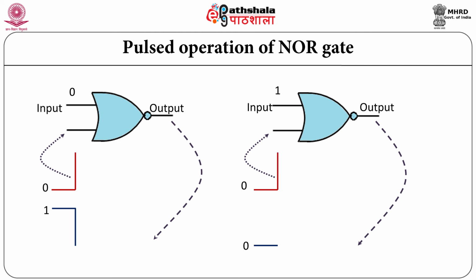After the application of the square wave, it is observed that the NOR gate with one of the inputs as 0 transfers the square wave to the output, but in a complemented form. Therefore, this logic gate acts like an enable gate, whereas the NOR gate with one of the inputs at logic 1 acts like an inhibit gate, thereby blocking the square wave from reaching the output.